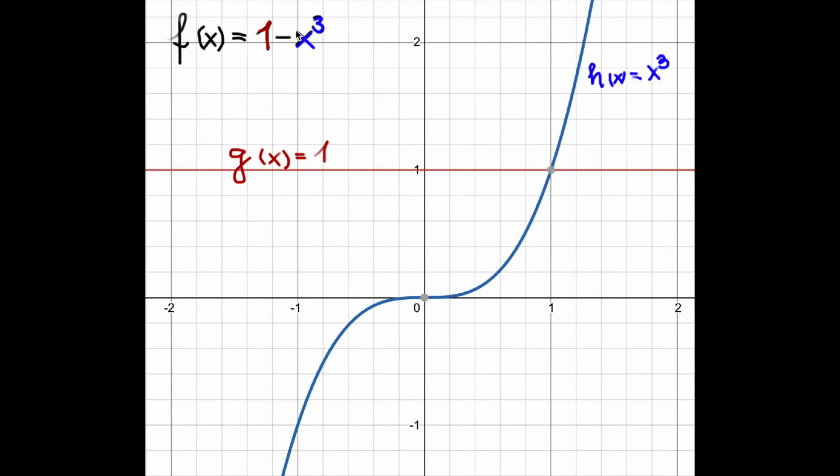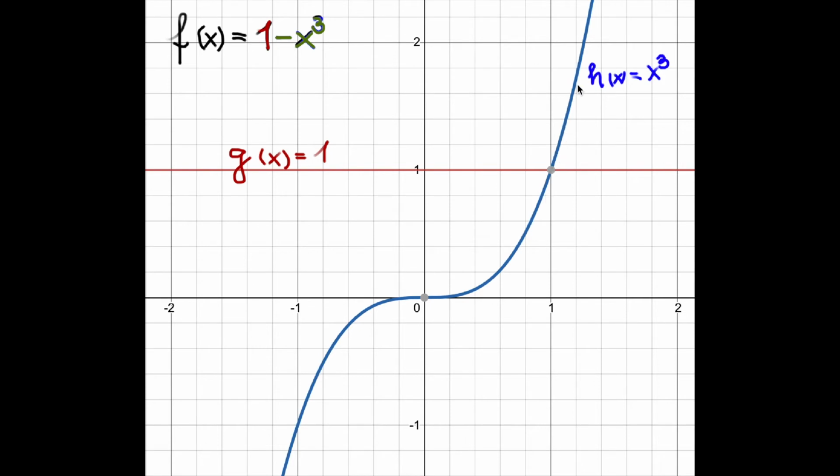Now it's always easier to add things than to subtract things, so let's change x to the power of 3 first to the function minus 1 times x to the power of 3 and sketch that in green. That is, we take instead of the y value for each x, the minus y value, so it's a reflection on the x-axis.